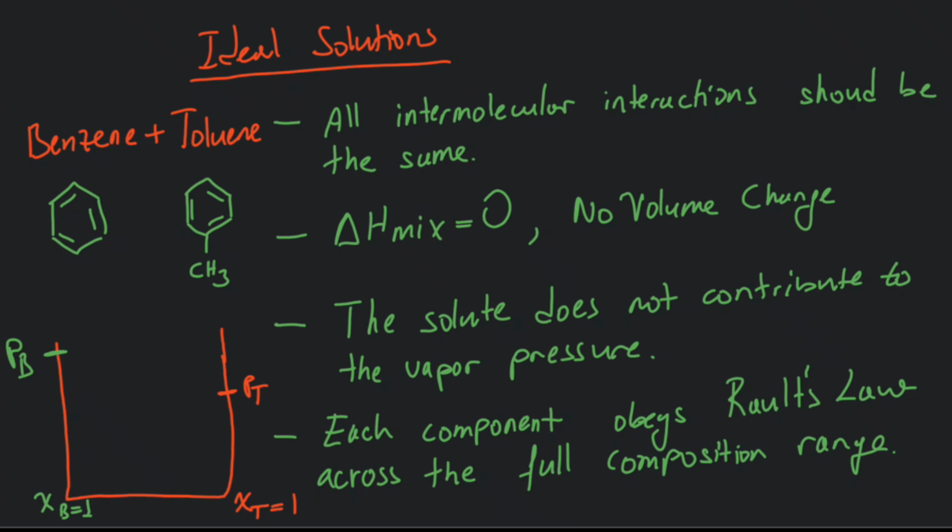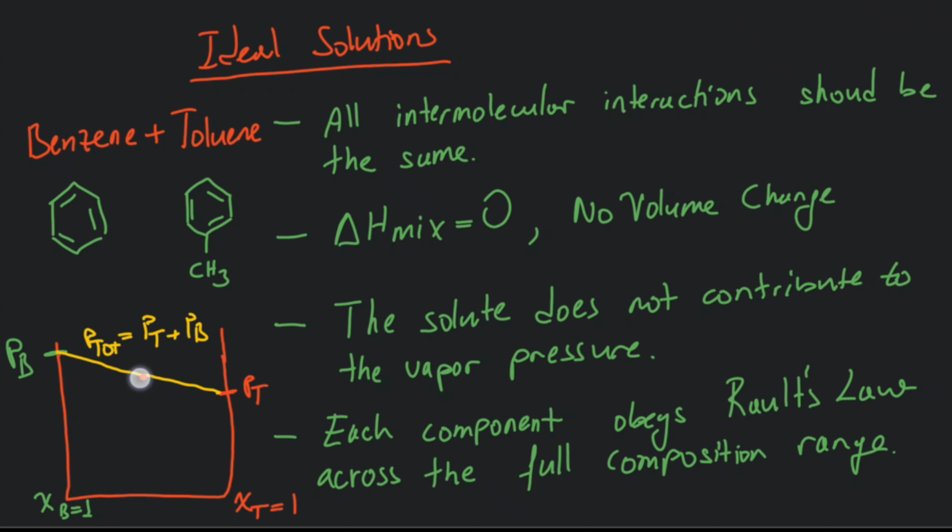So we are mixing them, and when we mix them, the total pressure, P total, maybe I should use another color. Maybe I can use yellow. So this is the P total. I want to write it as P tot, and it equals toluene pressure plus pressure of benzene.